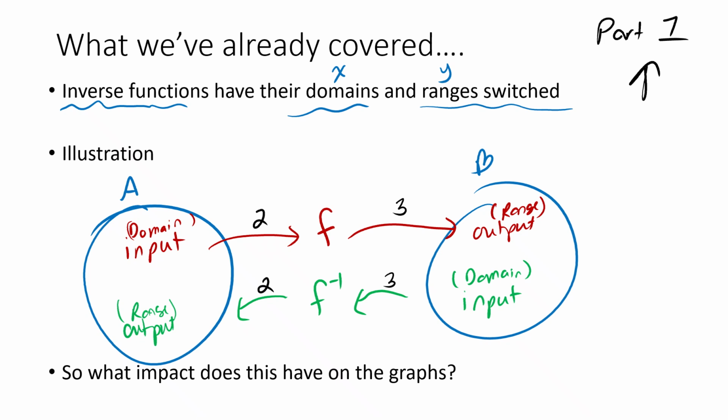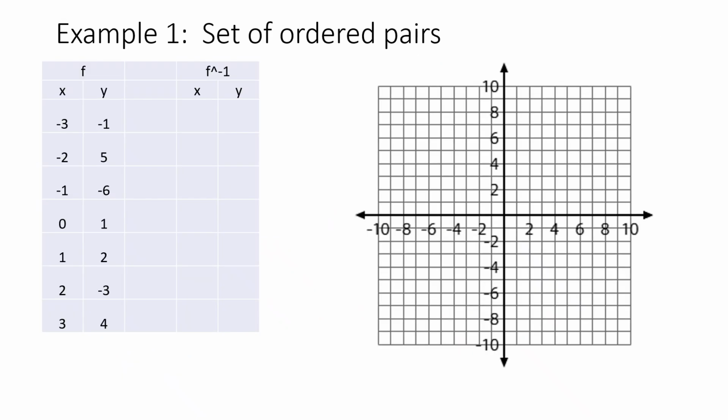So that leads us to this question: what impact does this have on graphs? For our first example, we're going to look at just a set of ordered pairs. And this right here, that's the inverse function. That's how I have to do that in Excel, so it's a little caret. So we have the function, and then we have the inverse of the function.